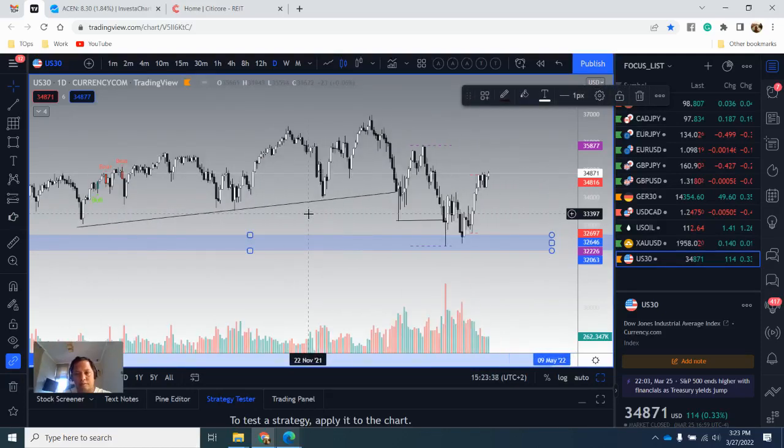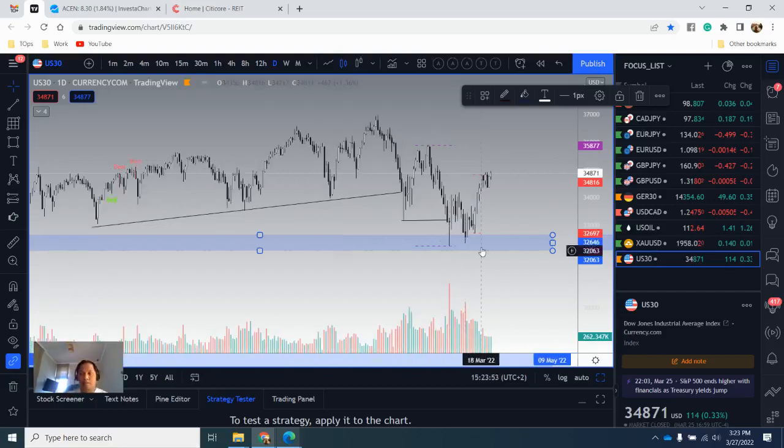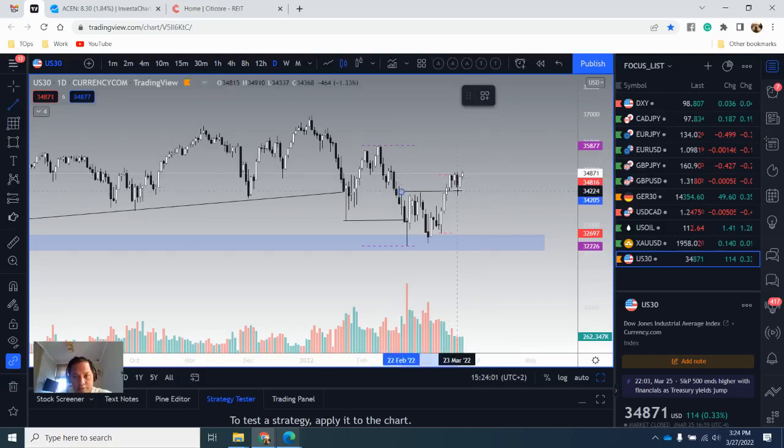We are already in March, and you see this is March 2021, so we already retested that low of the 1 year or 52 week. Then we have a bounce from that, and beside that we have here a break of structure, pin hammer, break of the structure to the downside.